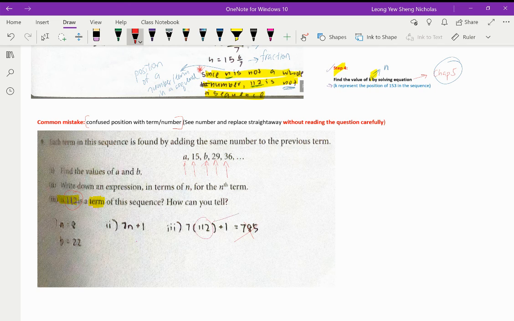This 112 here is a number or term in a sequence. It is not a position. Please take this in mind. Whenever you see numbers, don't replace n straight away. You must read the question carefully before you do it.